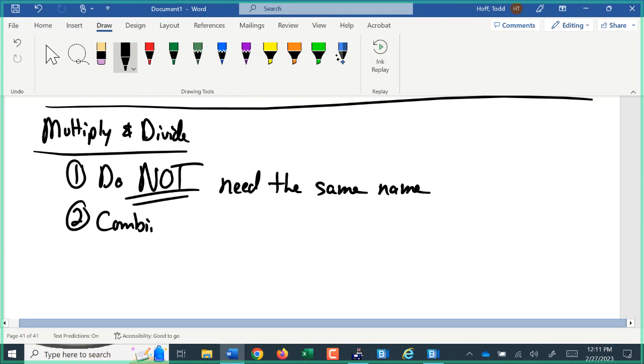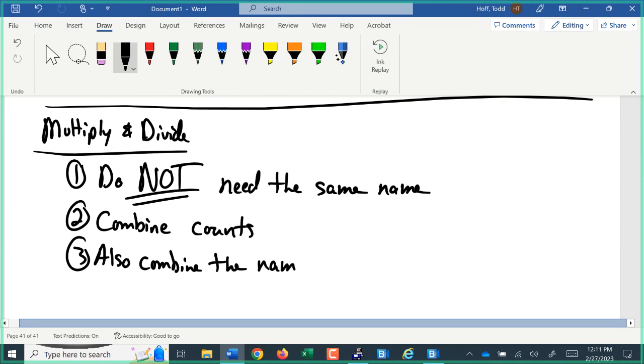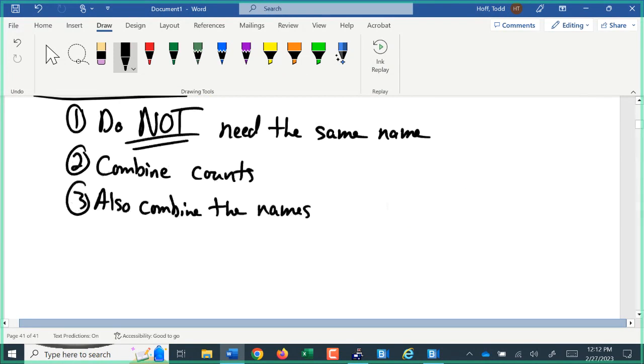Remember, we always combine the counts in some way. But then when we multiply or divide, we also combine the names. So what this comes down to is for our scientific notation, it means we do not have to have the same power of 10 to multiply or divide.